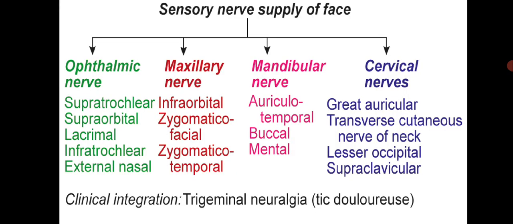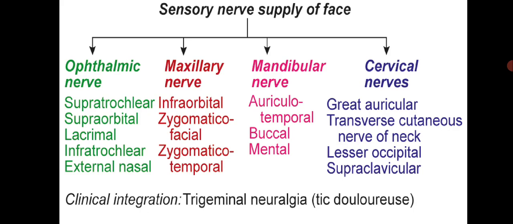Sensory nerve supply of the face is by the ophthalmic nerve, maxillary nerve, mandibular nerve, and cervical nerves. The ophthalmic, maxillary, and mandibular nerves are branches of the trigeminal nerve. The ophthalmic nerve gives supratrochlear, supraorbital, lacrimal, infratrochlear, and external nasal branches. The maxillary nerve gives infraorbital, zygomaticofacial, and zygomaticotemporal branches.